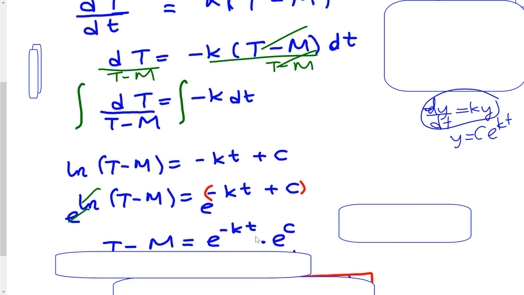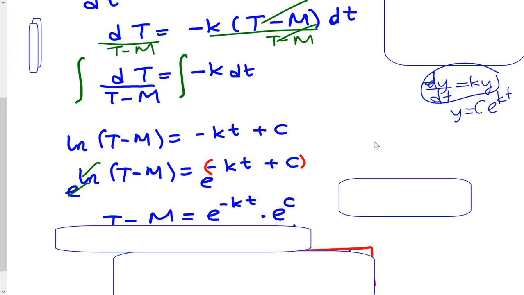At this point, notice that I can write this quantity as e to the negative kt times e to the C. If you have any doubts about this, think about going backwards. If you were to multiply these two quantities, you would be adding the exponents, right? Because the bases are the same, and you will be getting e to the negative kt plus C. We applied this trick in the last section with exponential growth and decay, if you may recall.